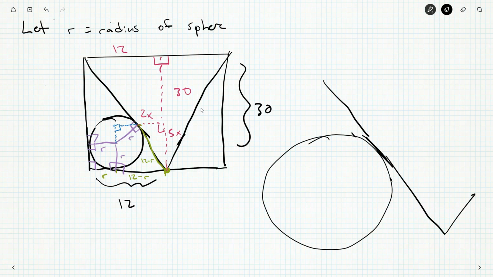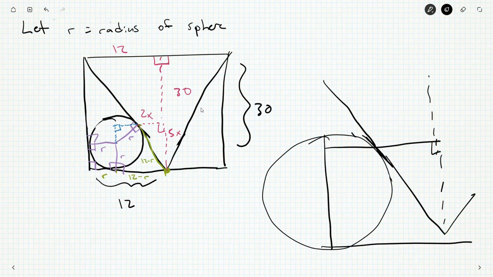So I don't actually care about half of this cylinder. So we cut through the point of tangency, and then lo and behold, we get a nice little rectangle. And then we have r here, we have r here.